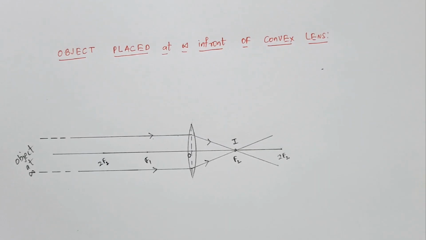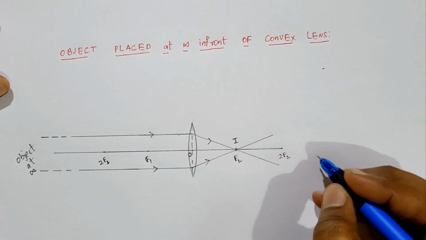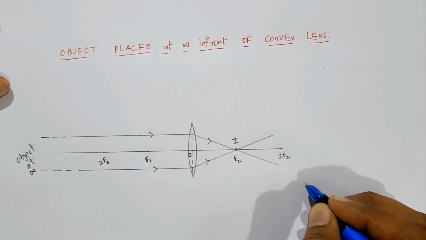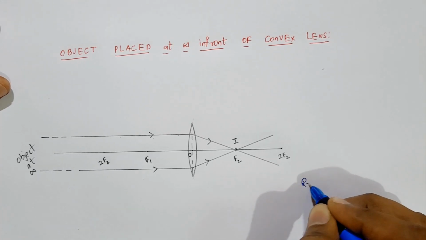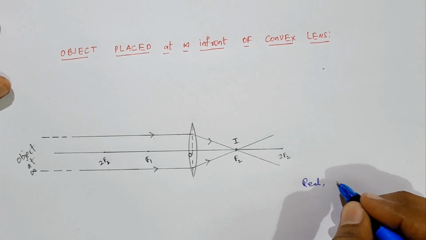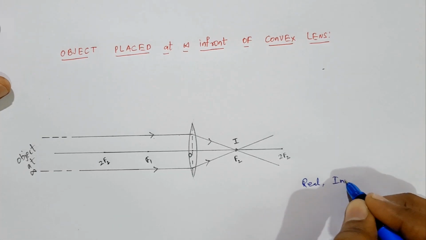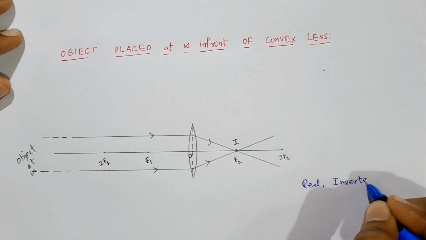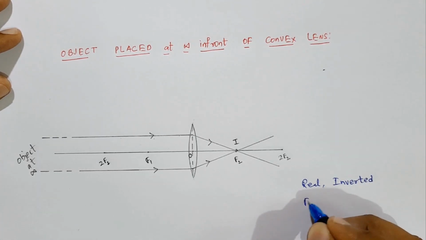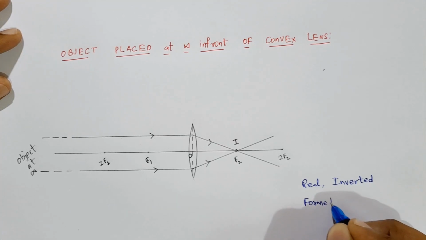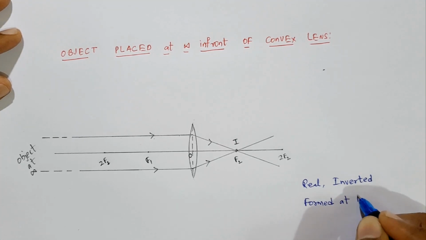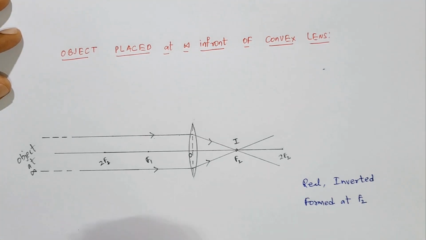Image characteristics. What are the image characteristics? The image is real, and all real images will be inverted images, correct? Where is the image formed? The image is formed at F2. And what is the height of the image?